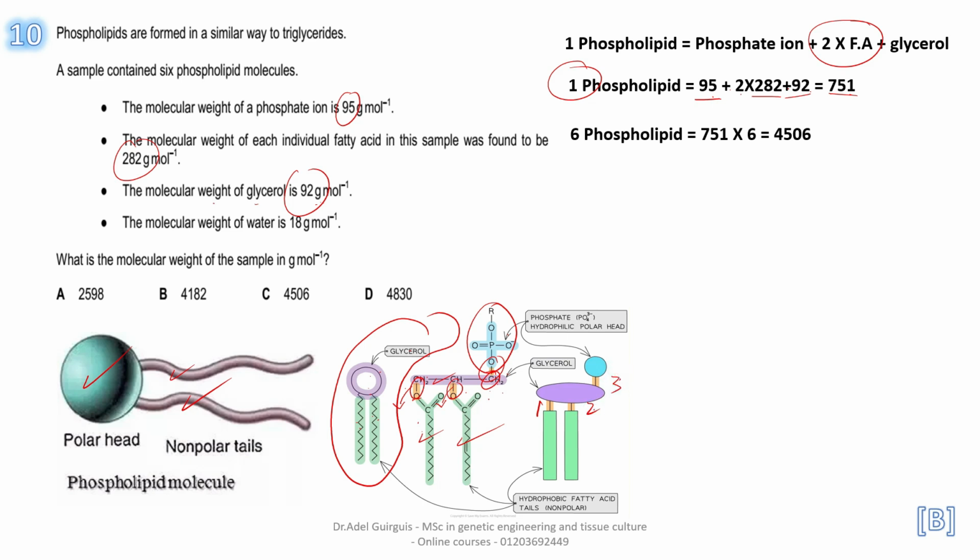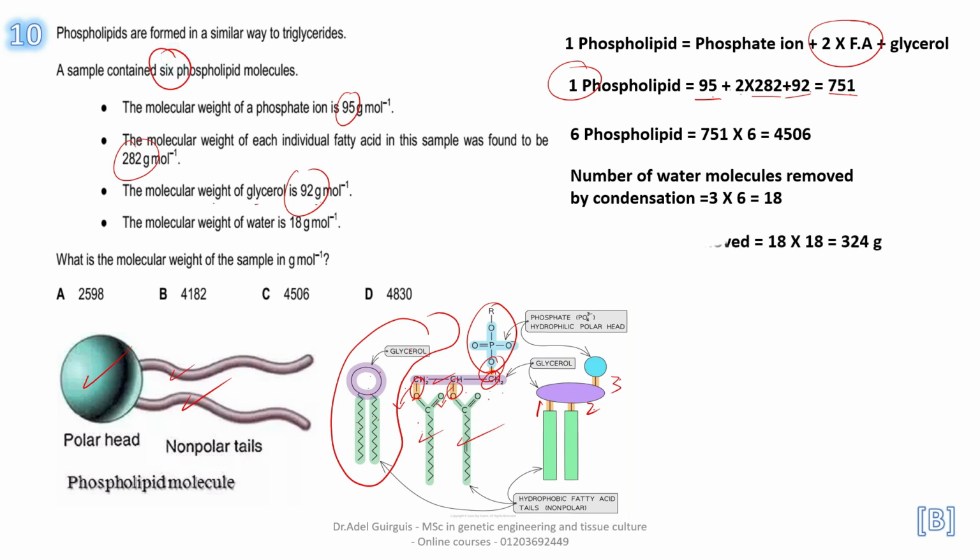Okay, so the calculation now, number of water molecules removed by condensation equal 3 per molecule. But here, how many molecules are needed in this sample? 6. So times 6 equal 18. Mass of water removed, 18 times 18 equal 324 gram.